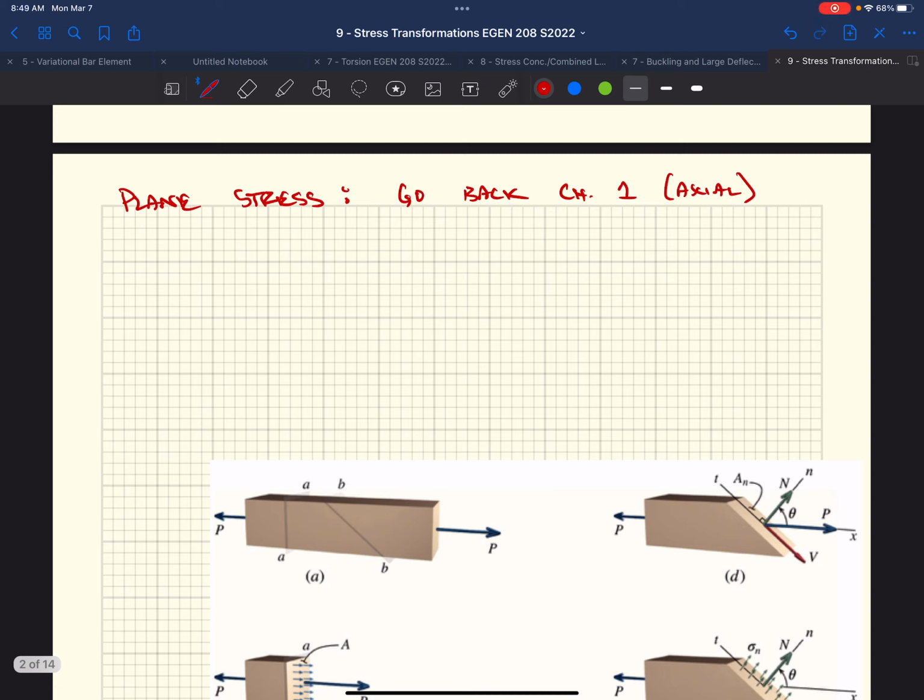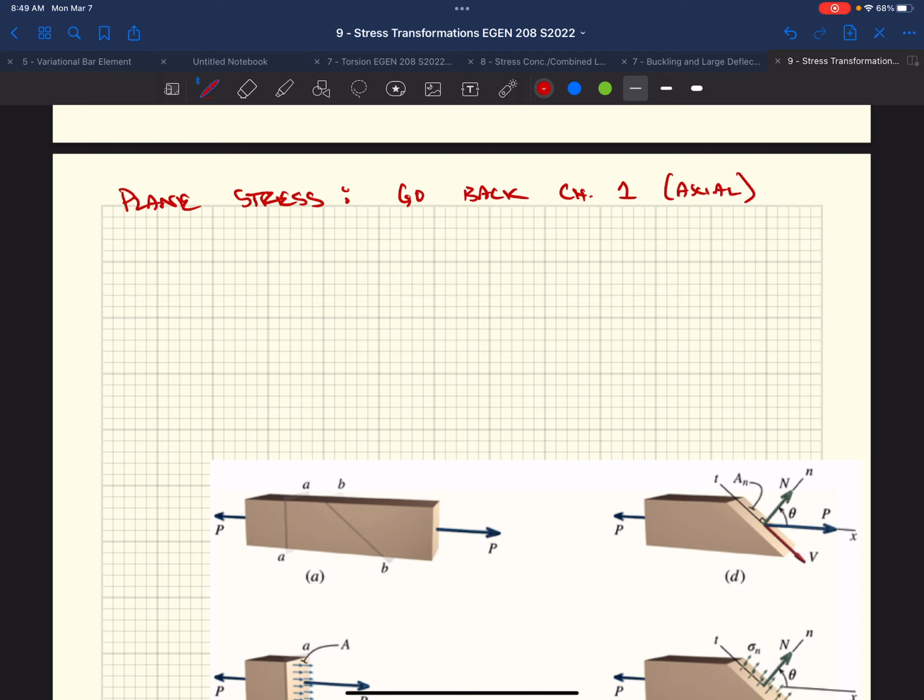We had this example here where we had a block of material. Plane stress means that the stress acting outward of the face of this material is 0, right? This thing's fairly thin, so we assume that what's going on in this direction is near 0 or 0. So we have axial load P acting.